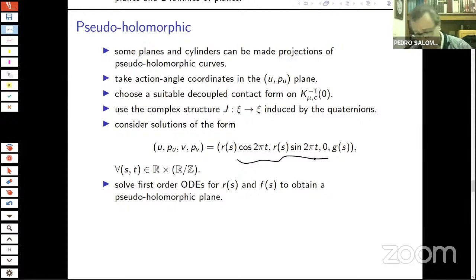curves. And in fact, it's essentially explicit, meaning instead of solving a PDE, we translate this problem into solving an ODE. It's a very simple ODE. It's a one-dimensional ODE. So then we obtain these holomorphic curves for some of the leaves that we see here.